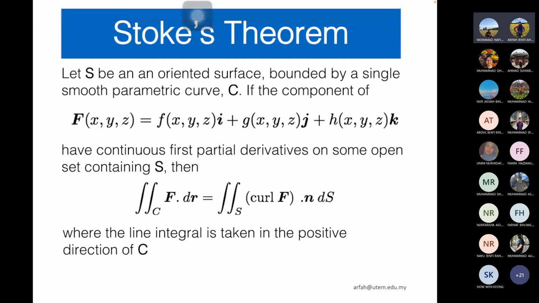So if the component of the vector F, you have F a function of X, Y, and Z. And then you have the function for G and also H for each I, J, and K component.